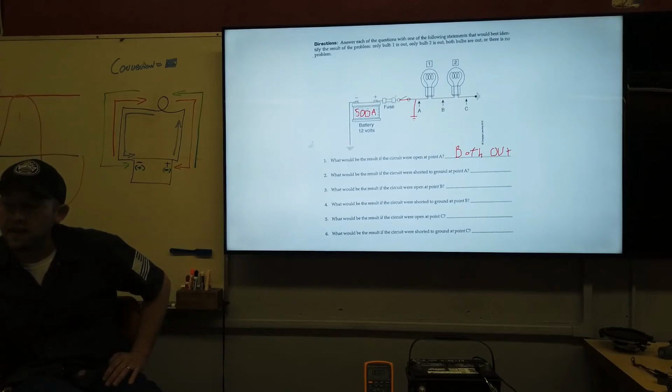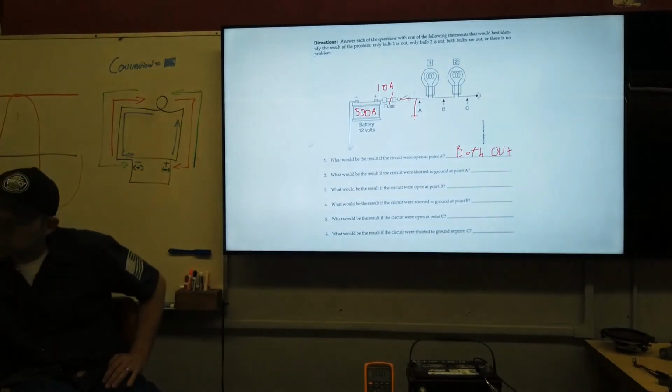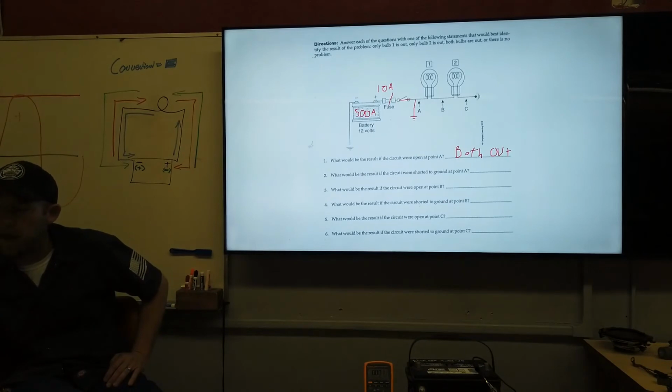And so in that case, there's a fuse right here. And if we give an average fuse rating, we say that it's 10 amps or something, all right? So if we say that this is a 10 amp fuse, then the majority of 500 amps is going to try to go here. Once it exceeds 10 amps, we're going to blow that fuse. And once that fuse blows, now we have an open circuit. So in this case, this bulb would have a path to ground but no power. And this one would have a path to ground but again no power because of our blown fuse.